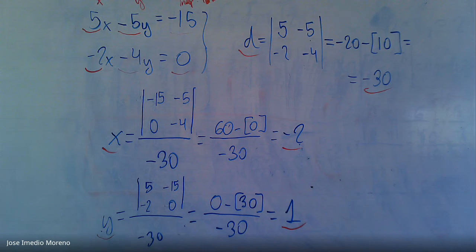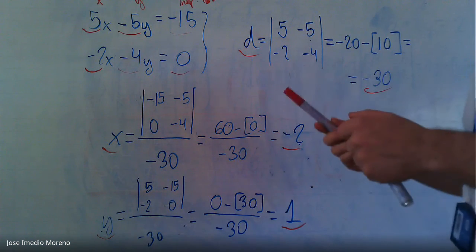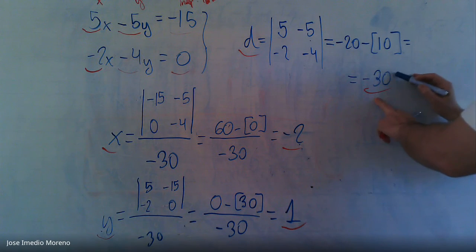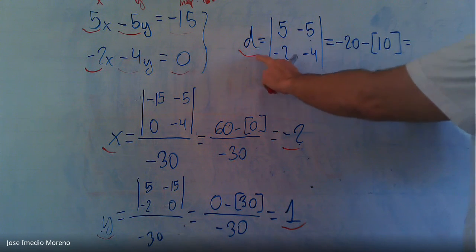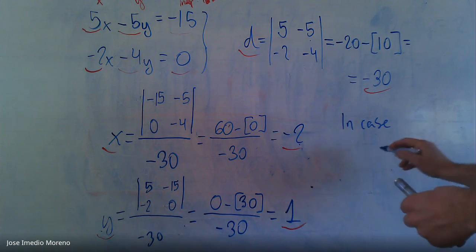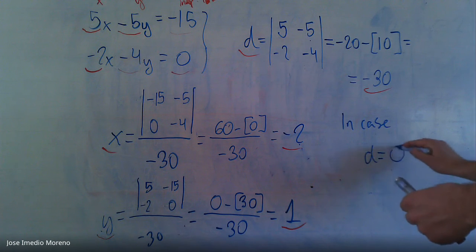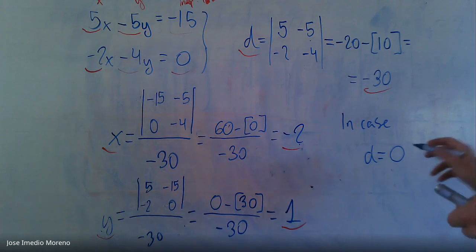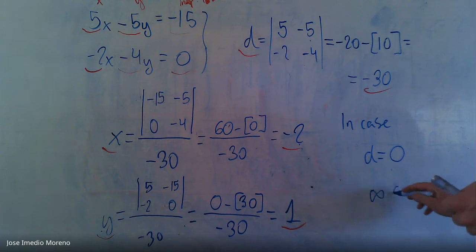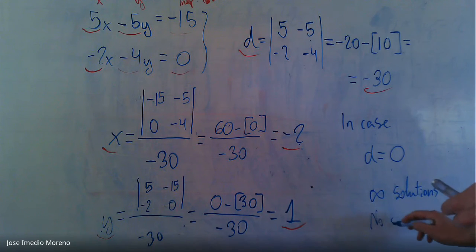Before I stop recording, I forgot to say, and I want this to be recorded, that in this first step, when I find the determinant D, in case D equals 0, the system has either infinitely many solutions or no solution.